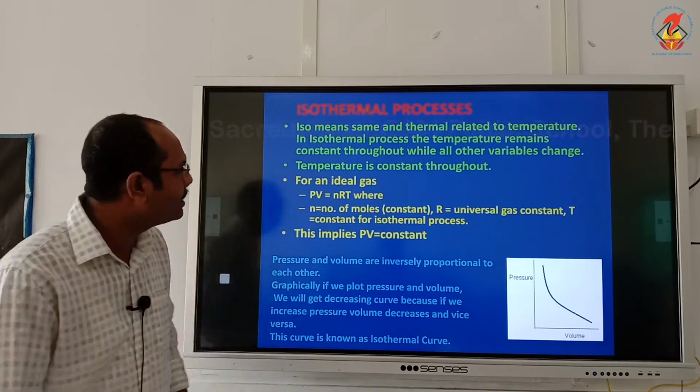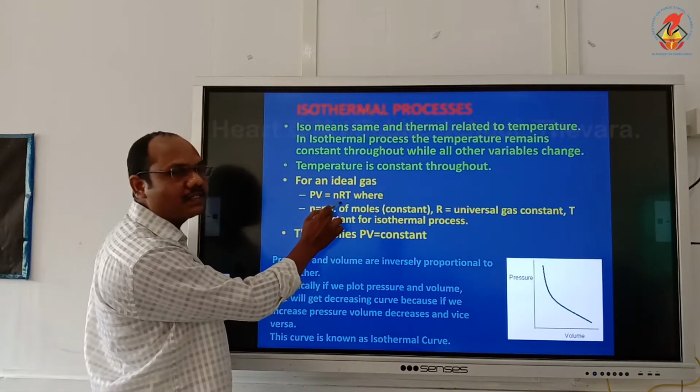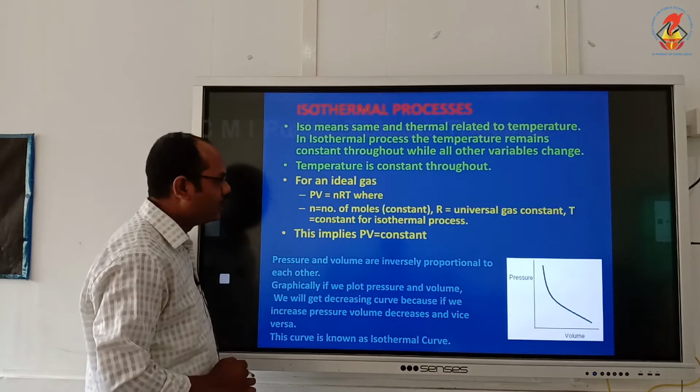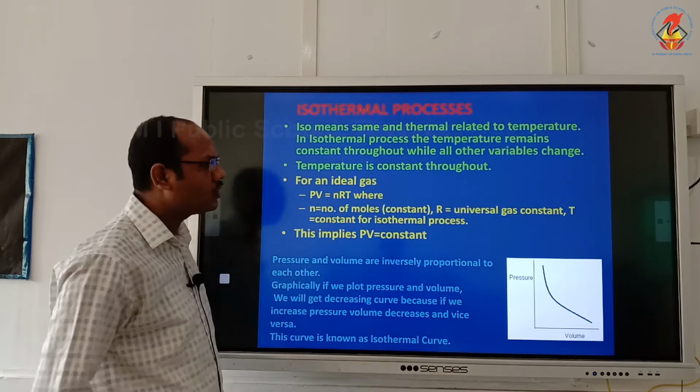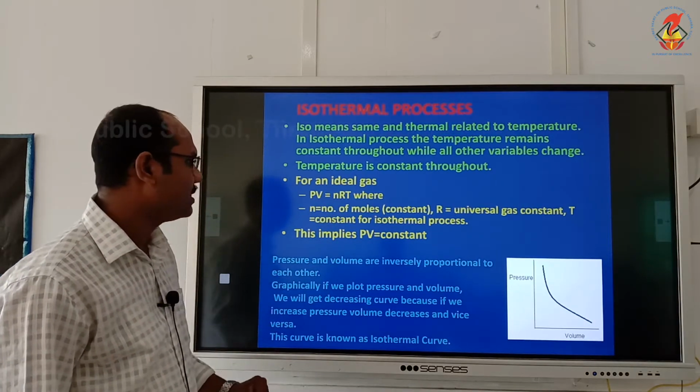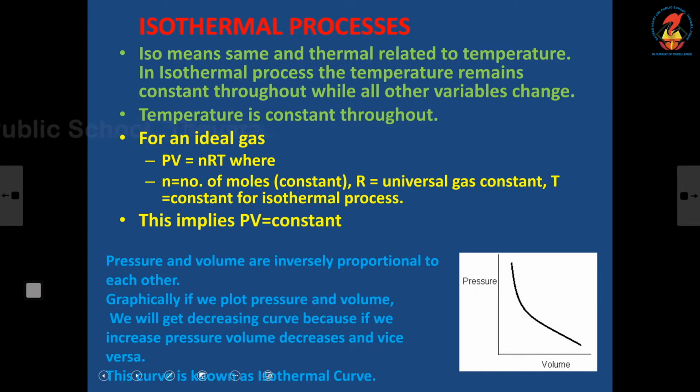Therefore, n is constant, R is constant, T is constant. So, can I say PV is equal to constant? Yes, PV is equal to constant. So, for an isothermal process, PV is equal to constant, or I can write P1 V1 is equal to P2 V2.